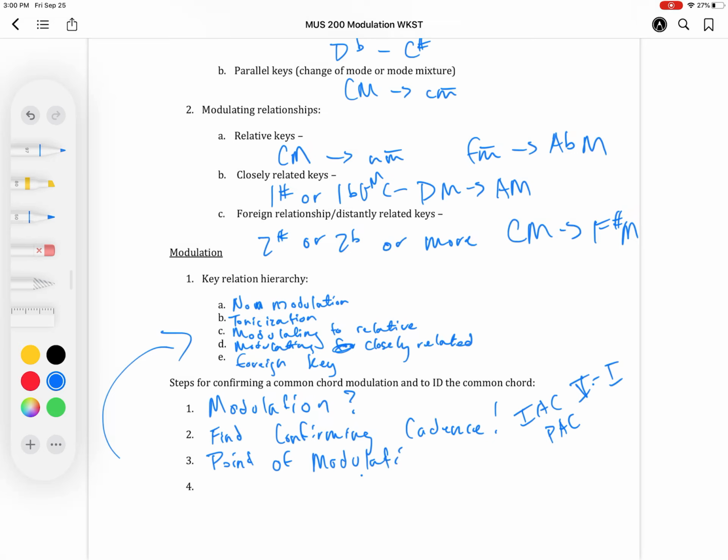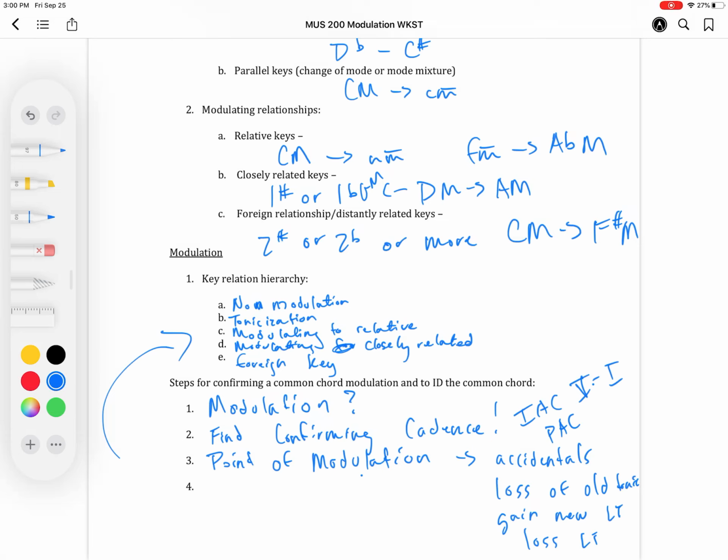And this is the point where we are, in fact, in the new key. So indications of this will be accidentals, which will include a loss of our old tonic pitch, gaining of a new leading tone, loss of our old leading tone, right?